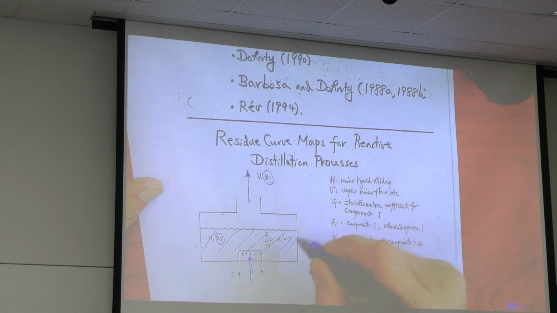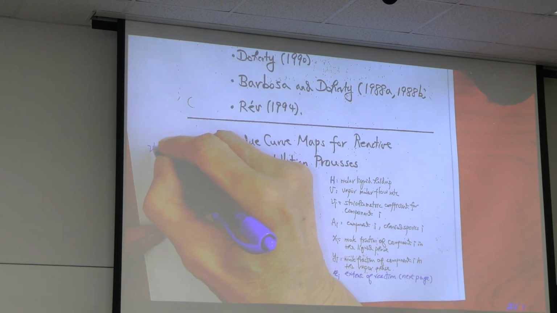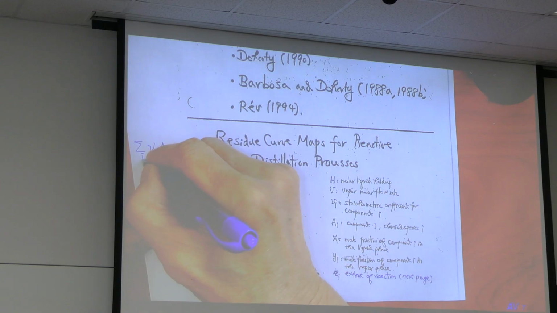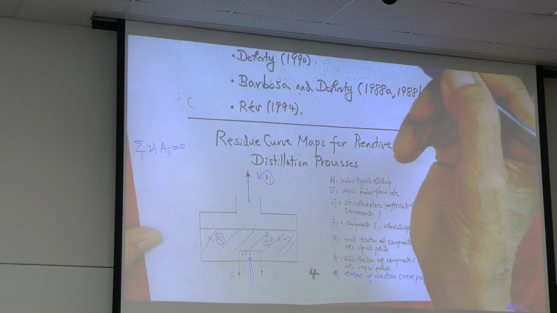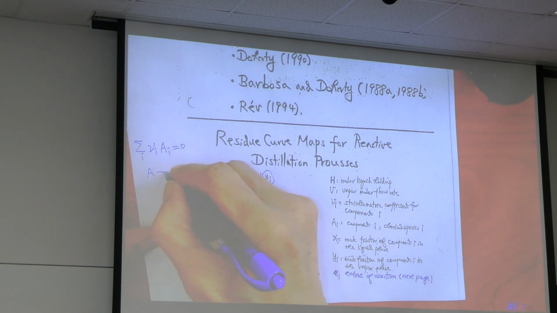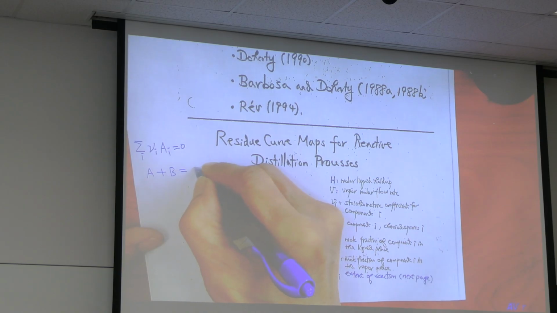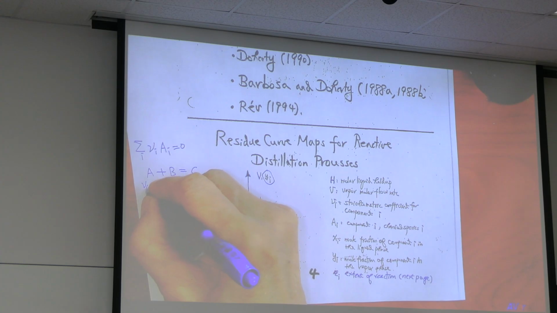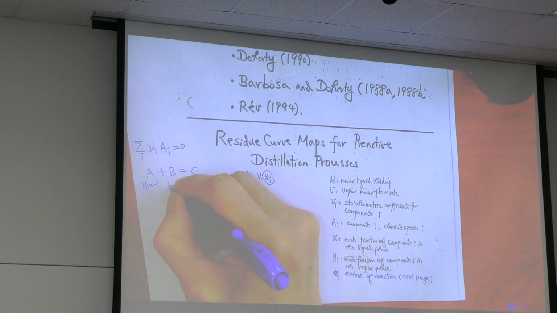Reaction, mu i, a_i, summation. What does that mean? Suppose you have an A plus B equals C reaction. Mu A, consumption, minus 1.